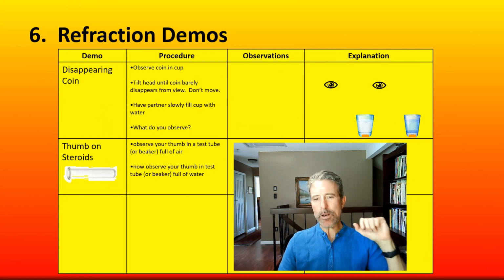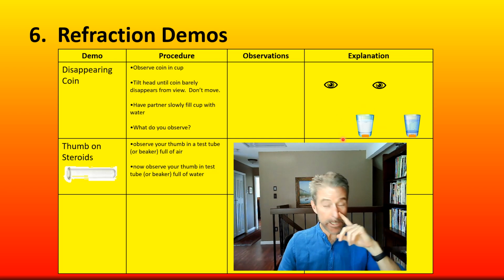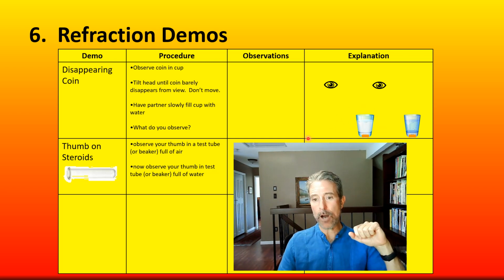All right, so let's try to explain what made that coin magically reappear when water was added to the cup. You'll notice over here in the cup on the left-hand portion of your screen that this cup is full of air, no water.